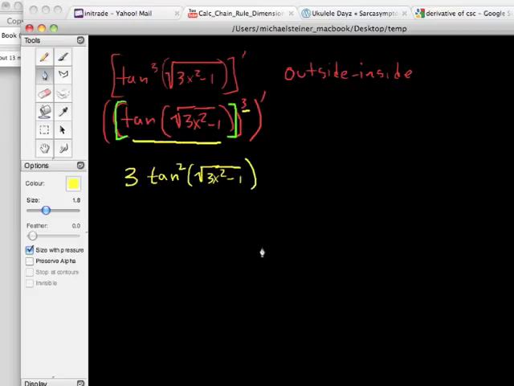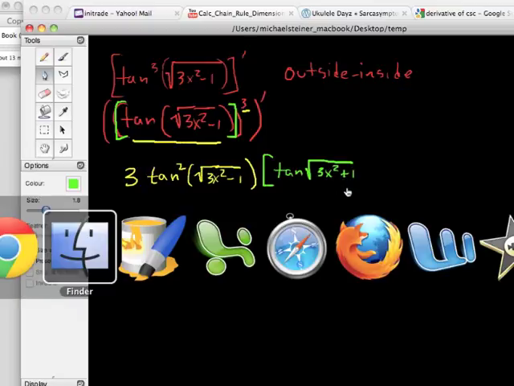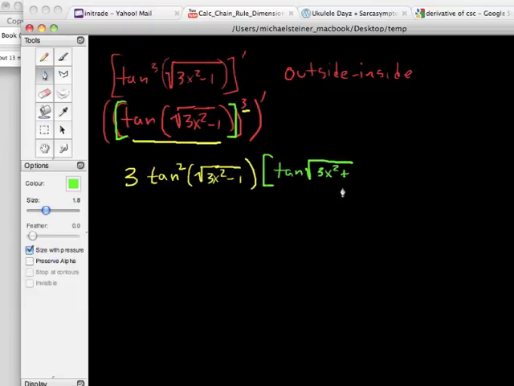But we still have to take a derivative of what's inside. What are we cubing? We're cubing the tangent of the square root of 3x squared minus 1. So we're still taking the derivative of that.